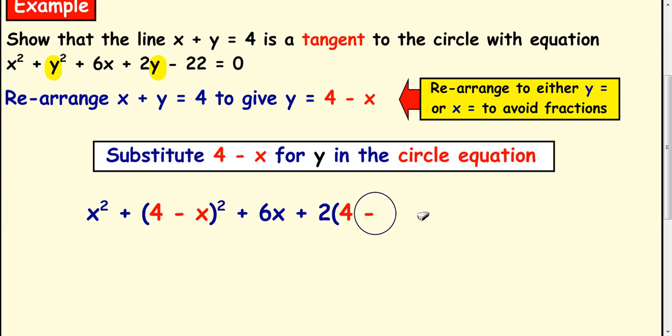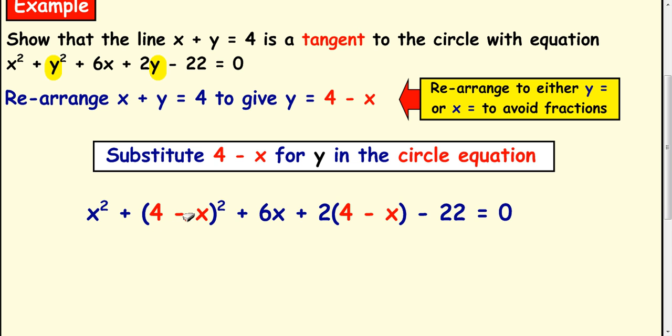And that's going to end up looking like this. So as long as my algebra is okay, and I can multiply brackets out accurately, and I can collect like terms accurately, this is an okay question to do.